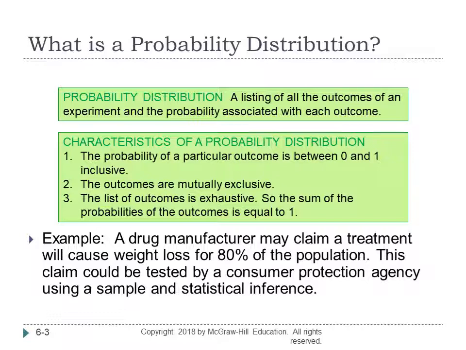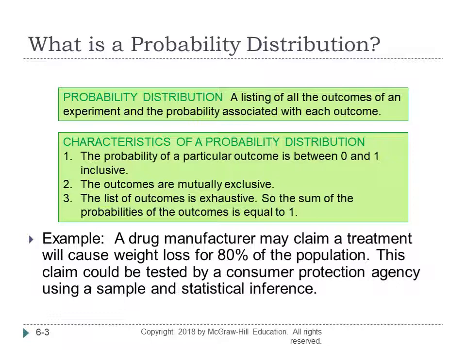A probability distribution in this case is a listing or a table that lists all the possible outcomes and the probability for each of these outcomes. Some of the characteristics of a probability distribution follow from what we learned about probability. One, the probability of a particular outcome is between 0 and 1 inclusive.